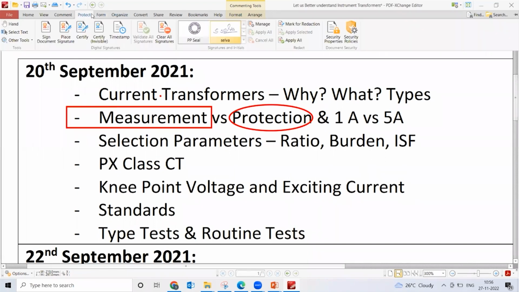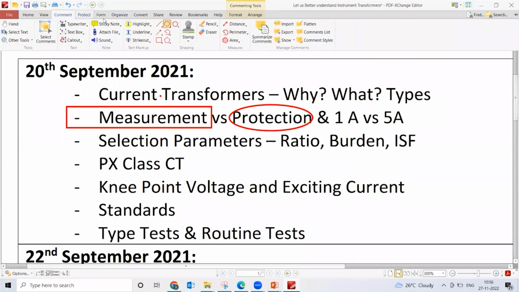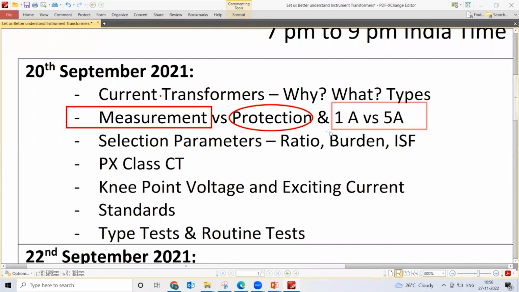Now let's come to another interesting question, that is whether to choose 1 amp or 5 amp. Whether to choose a 1 amp CT or a 5 amp CT. Of course, both have advantages and disadvantages. If you are choosing a 1 amp CT, it has a higher size.